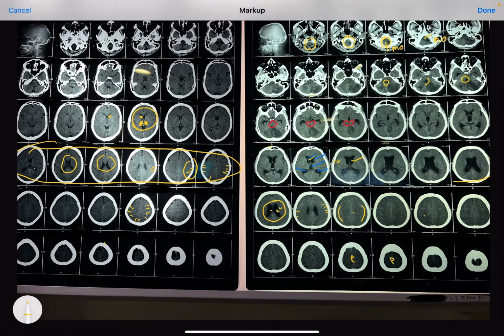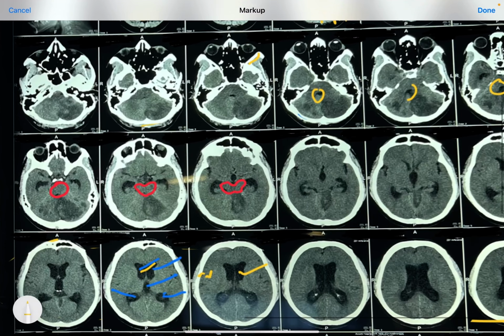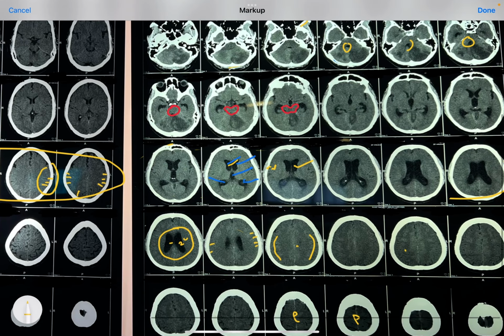So this is a very beautiful case of bilateral cerebellar infarction involving the pons, causing pressure over the fourth ventricle, causing dilatation of the first, second, and third ventricles as well, with a significant diminution of the sulci. So it's an interesting case. Thank you.